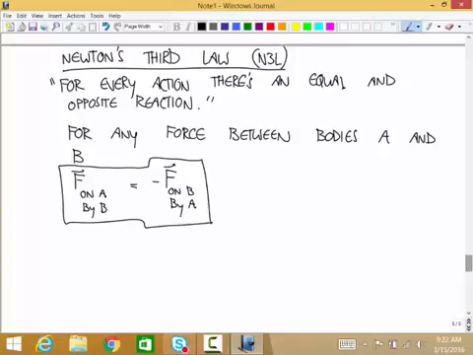Right? Are you with me? You see how that relates to Newton's third law? Okay. So here's one where it's a little more confusing. And I'll try to explain how it actually doesn't go against Newton's third law.